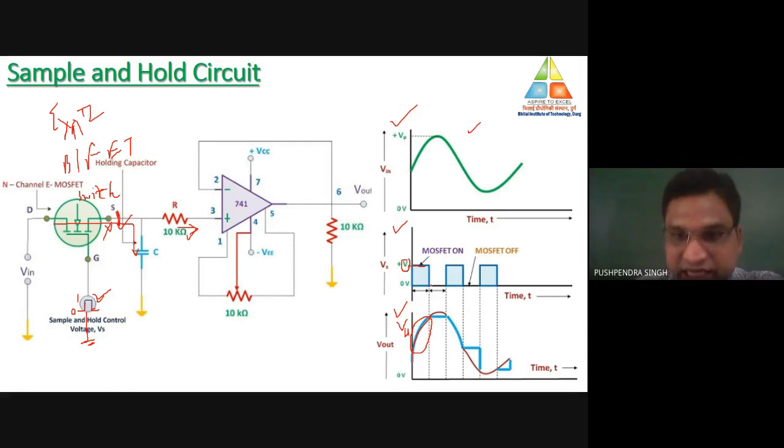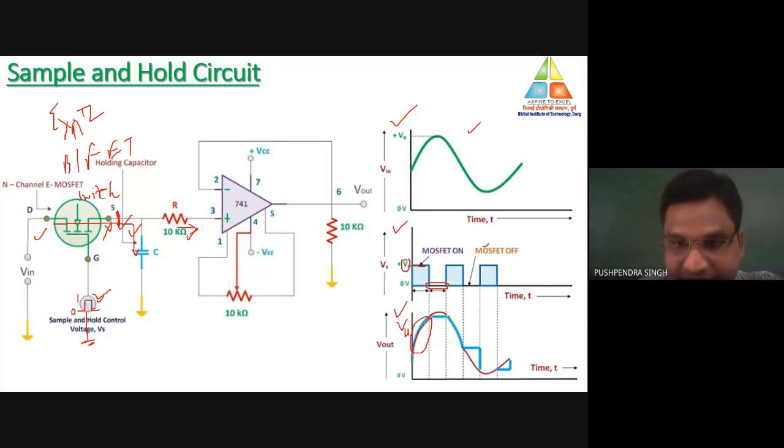But when the gate signal is low, on that condition, the MOSFET is off. When the MOSFET is off, there is no connection between the input voltage and the capacitor. Due to that, what will the capacitor do? It holds the data.